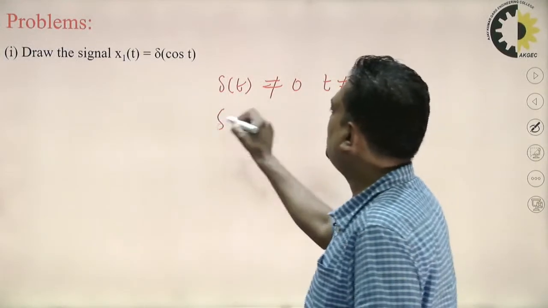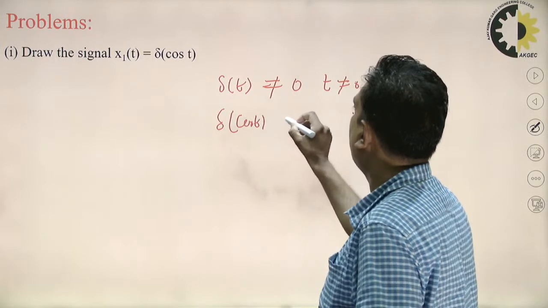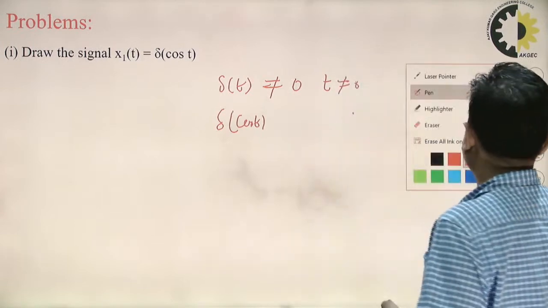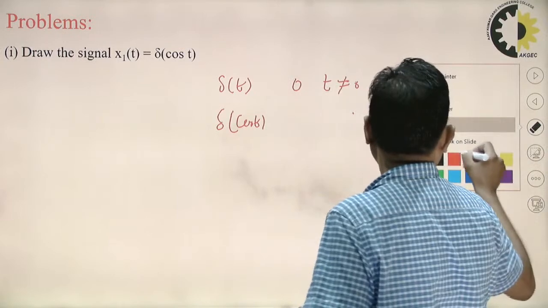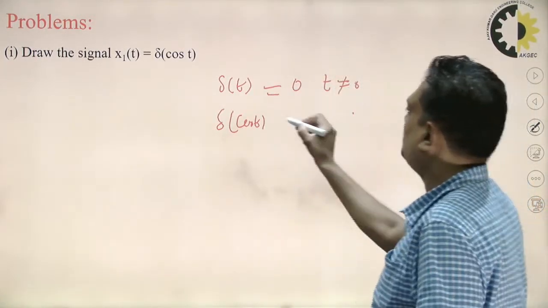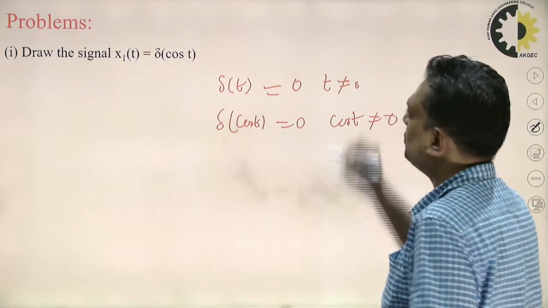Sorry, just a minute. Delta(t) equals 0 for t not equal to 0. So delta(cos t) equals 0 for cos t not equal to 0.